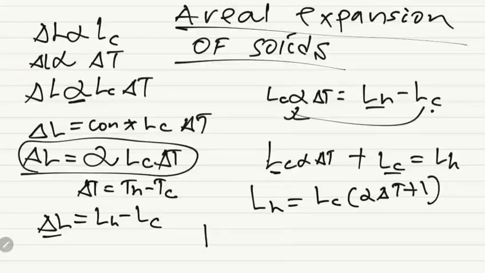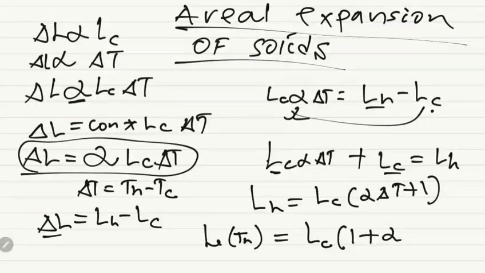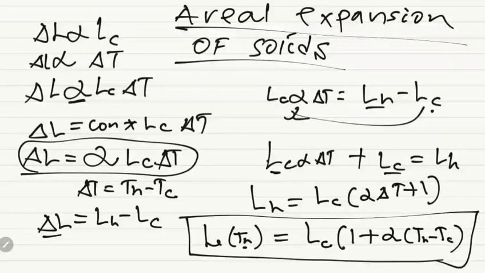Or you can write the length of the wire at the hotter temperature as the length at the colder temperature times 1 plus alpha times the hotter temperature minus the colder temperature. This is the expression we derived last time for the change in length.